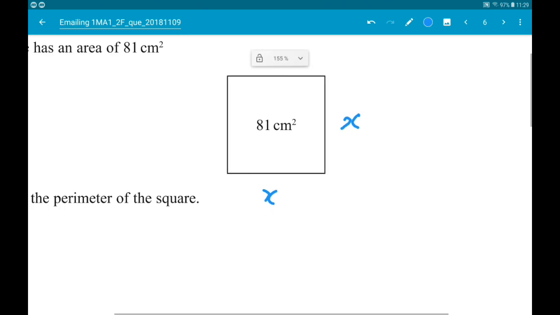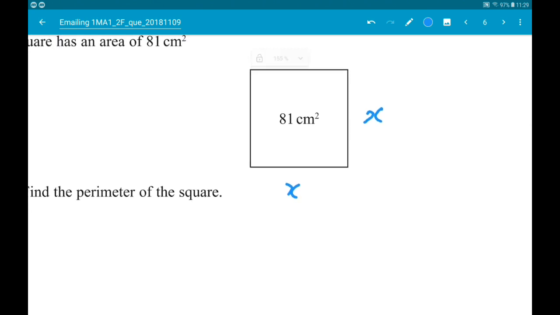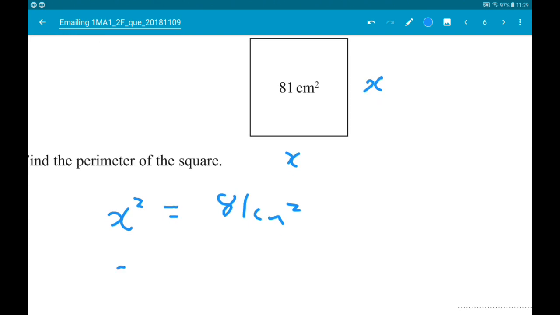So that tells us then that x squared is equal to 81 centimeters squared. Now if we square root, we get x is equal to 9 centimeters.